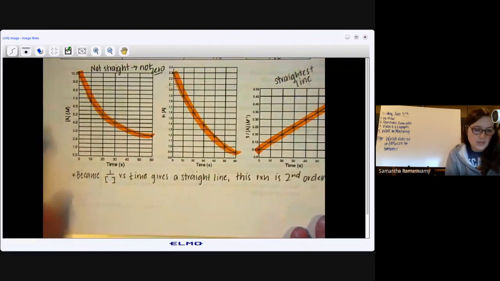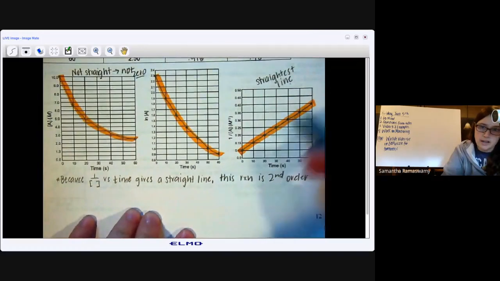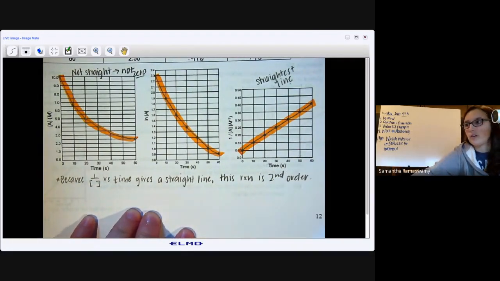So since we know that 1 over concentration versus time gives us the straightest line, we would say that this reaction is second order. We could get other information from that, but we know that this is second order.